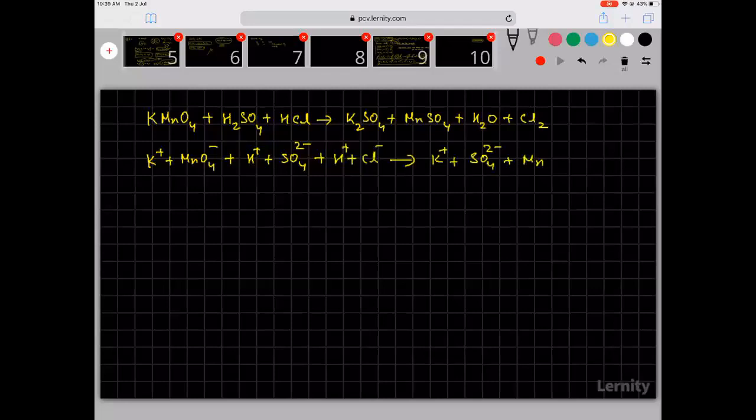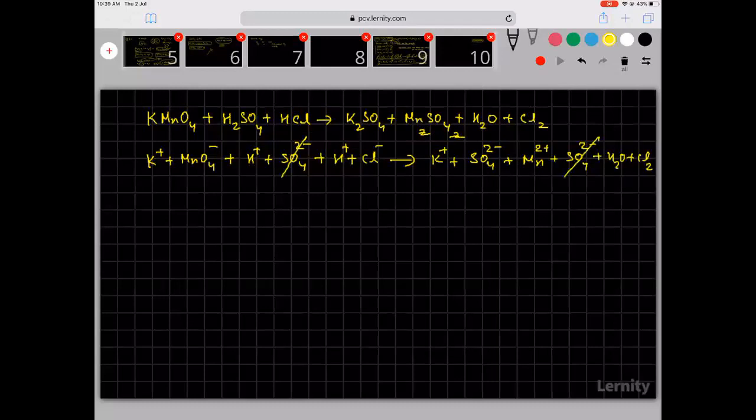Here manganese. This is the name of the formula of the compound. So if this is 2, this will also be 2. So it is Mn2 plus, SO4 2 minus plus H2O plus Cl2. Now sulfates are there on both the sides. Potassium is there on both the sides.